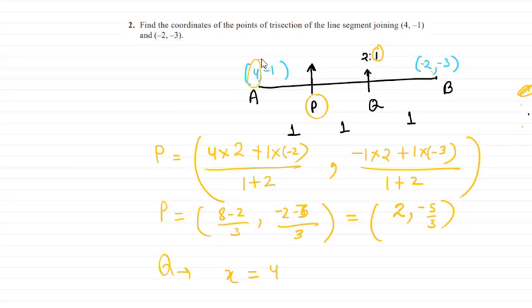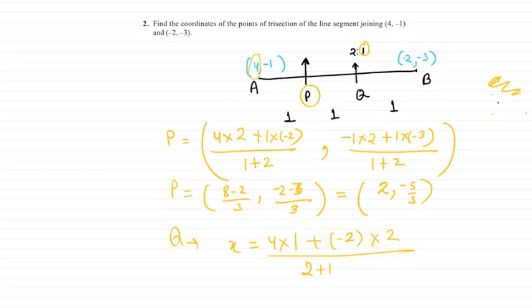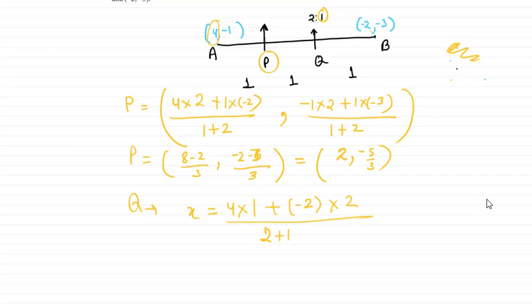So we got 4 into 1 plus minus 2 into 2 divided by 2 plus 1. So that will give you the x coordinate. And then for finding the y coordinate, you will multiply minus 1 with 1 and then plus minus 3 with 2. Then you need to solve it and you'll get the answer.